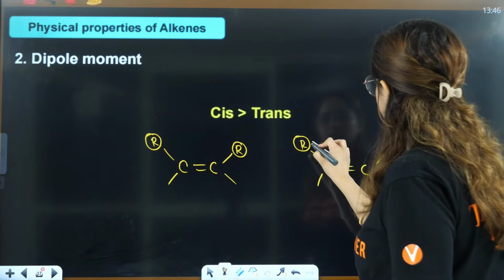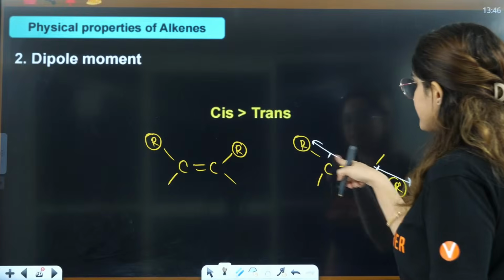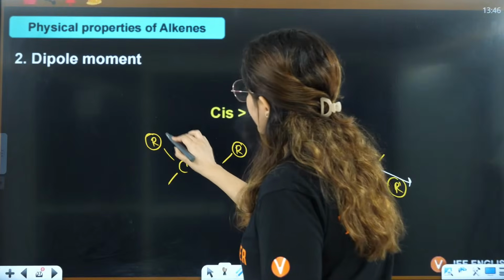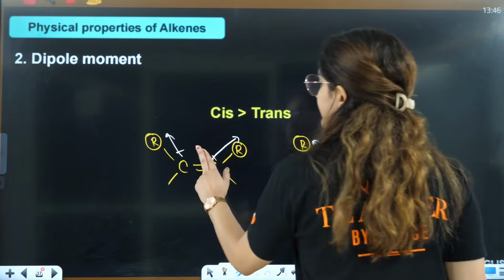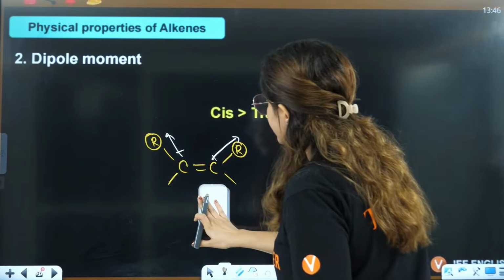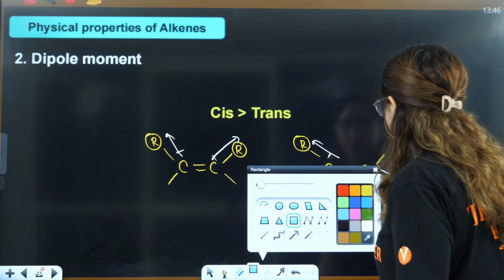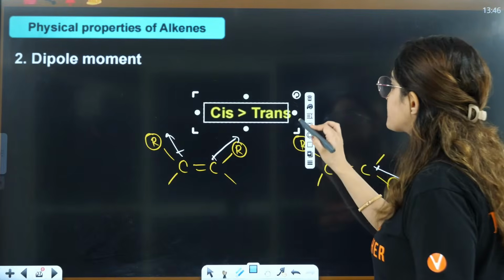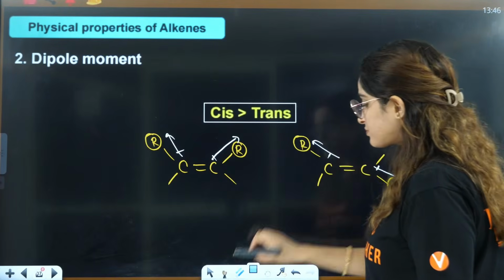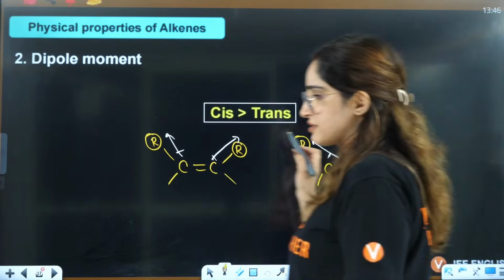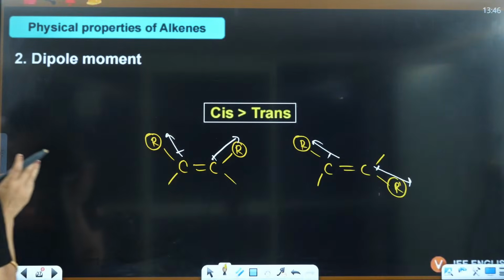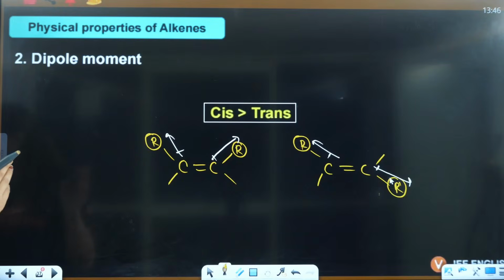This will and this will cancel each other, and here they will not cancel each other, here they will get added up. So that is the reason always cis will have more dipole moment as compared to trans. From here questions also have been asked in JEE 2025 only. Okay, yes.